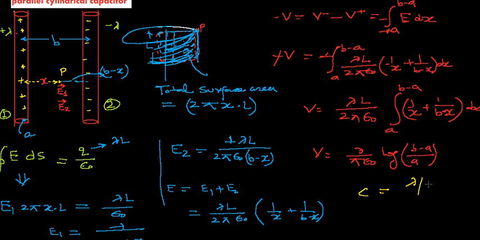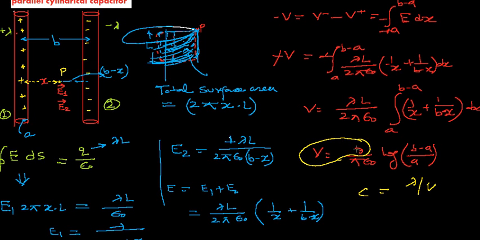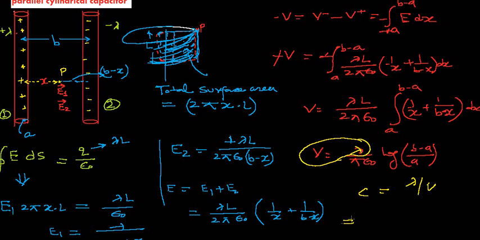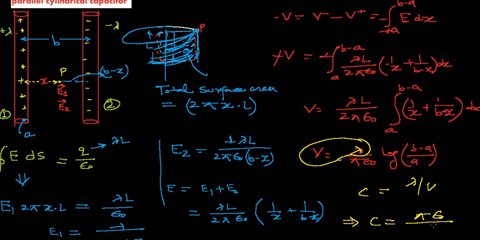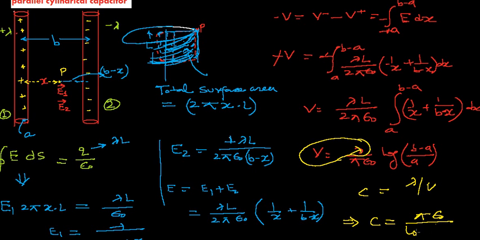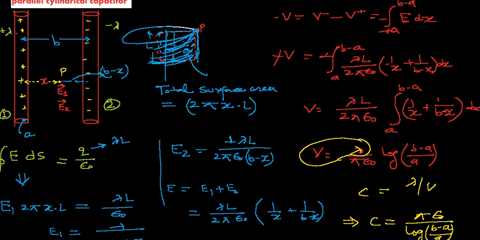This will be lambda by V. From the relation between lambda and V, we will get C. So in this case, the capacitance per unit length will be pi epsilon naught divided by log of b minus a by a. This is the formula.